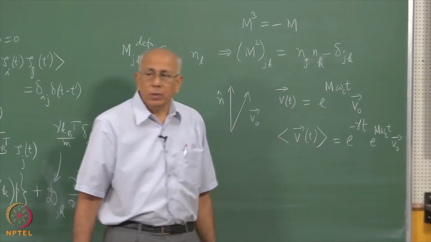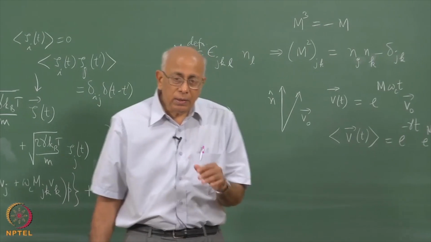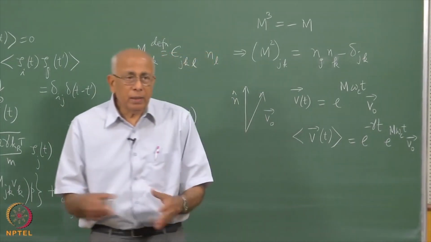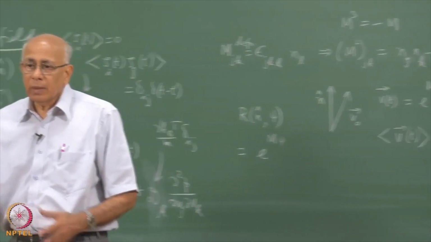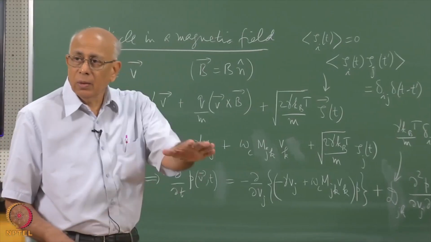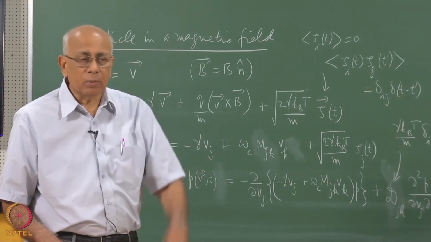Okay. So it is e to the power minus v minus this vector whole squared divided by the variance 1 minus e to the minus 2 gamma t and so on. Asymptotically it will go to the Maxwellian distribution.